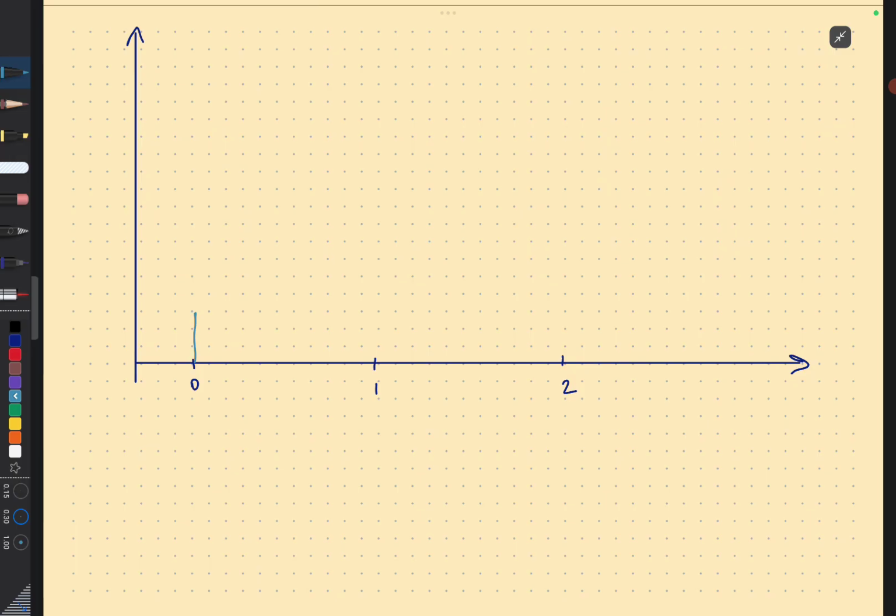Let me look at g of x, and say p_X is 0.1, 0.3 and 0.6. Suppose this is my distribution. So three symbols with probabilities 0.1, 0.3 and 0.6.